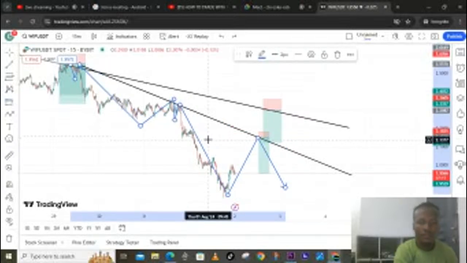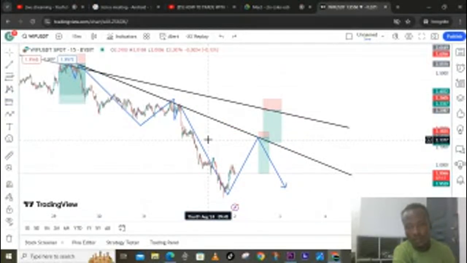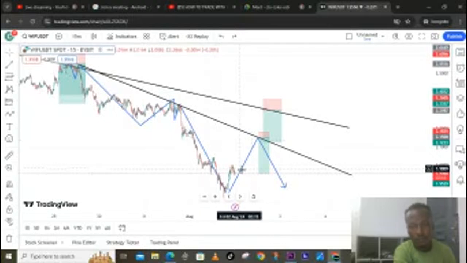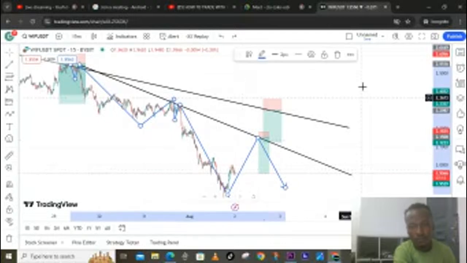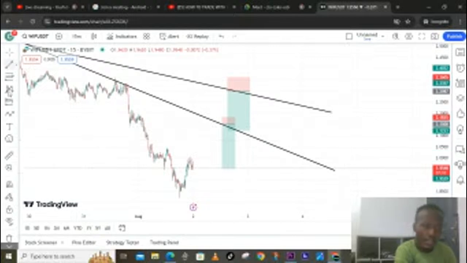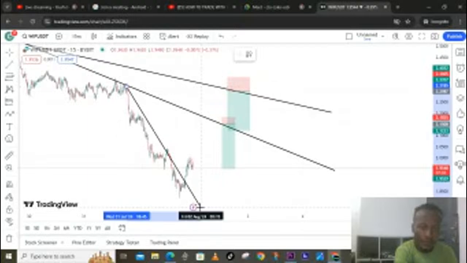You can also draw on that trend line like this. Can you see this?